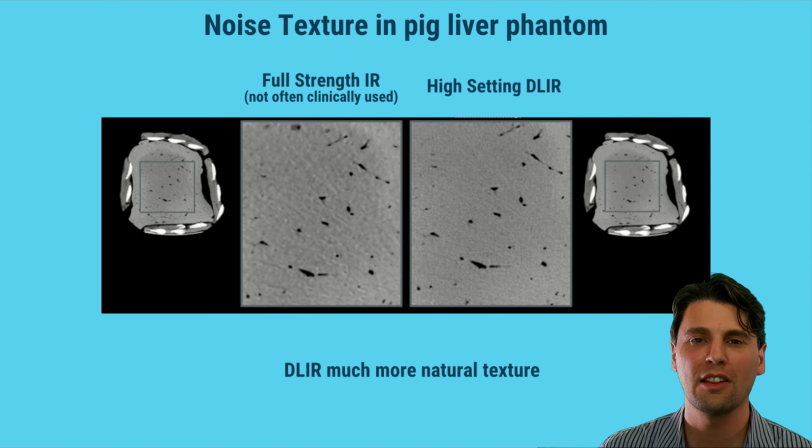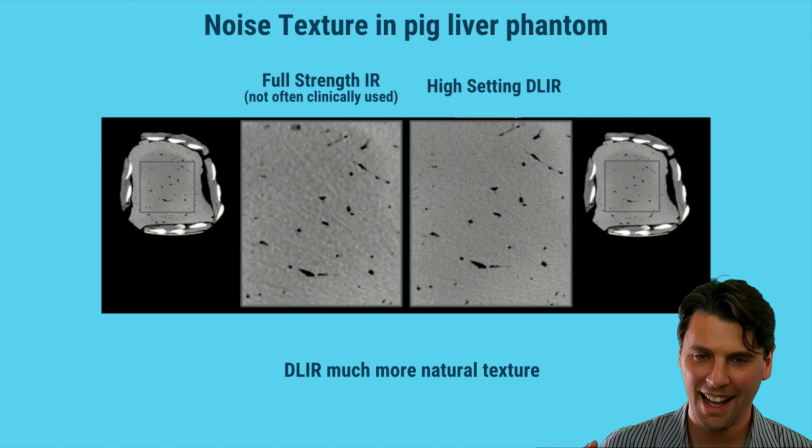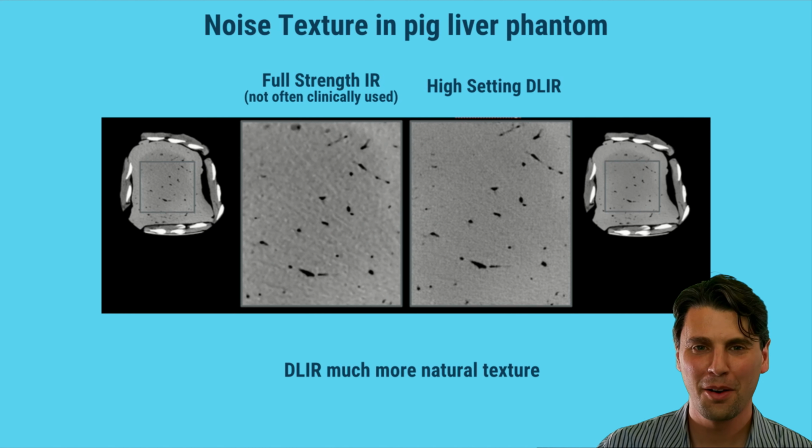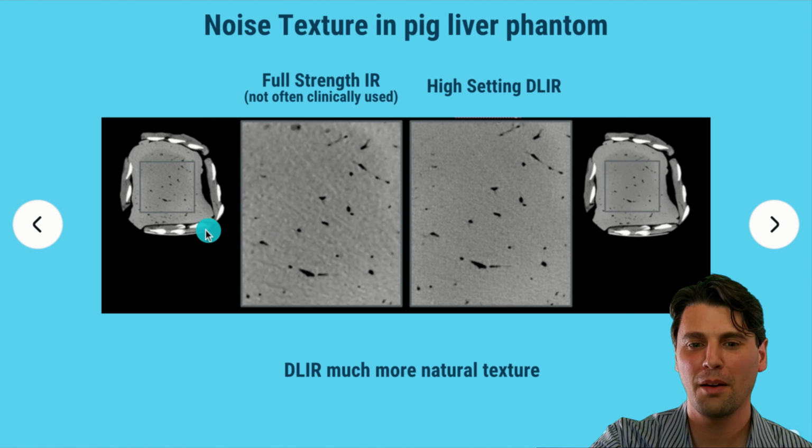Then want to look at just the image texture. So first, just visually looking at it. So what we did here is I just went to the store and I got a pig liver from the grocery store, and then I got some pig ribs. And the idea here is that you can even see as some of it is frozen on the inside and some of it's thawing on the outside. The CT number is slightly different here.